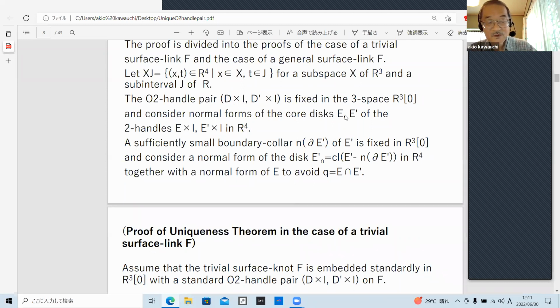So, to remove such a case, consider a small boundary collar of E dash, the boundary of E dash, and remove it. I denote it by E dash N. So consider E and E dash N; they are disjoint.